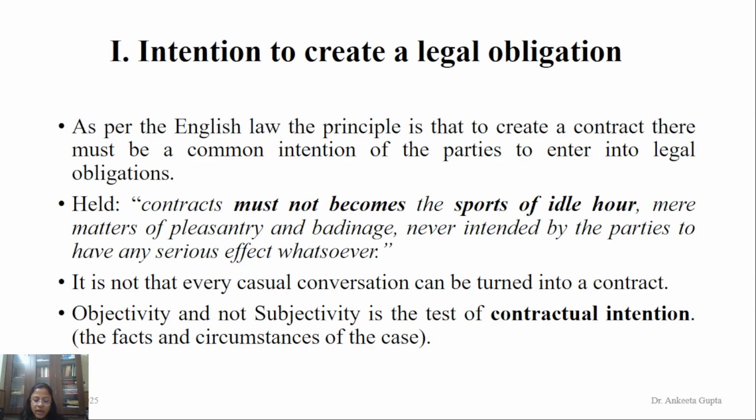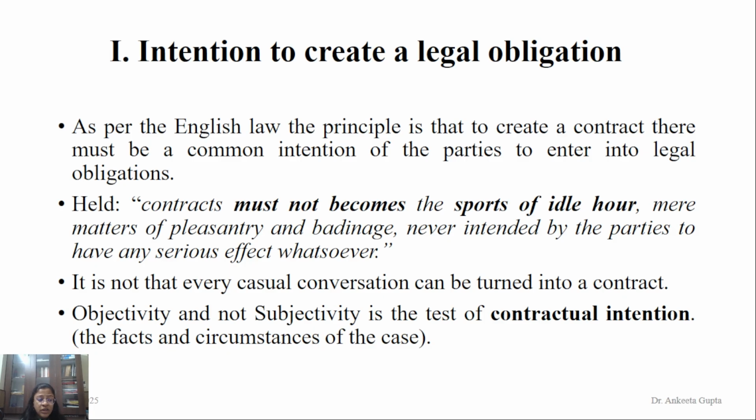Now, when we look at a statement like this, it means that I cannot sue somebody for not taking me out to dinner. For example, two friends are sitting together and talking. One says, okay, let's go out for dinner today. And in the evening, this person turns up and says, look, we can't go because I have some other work.